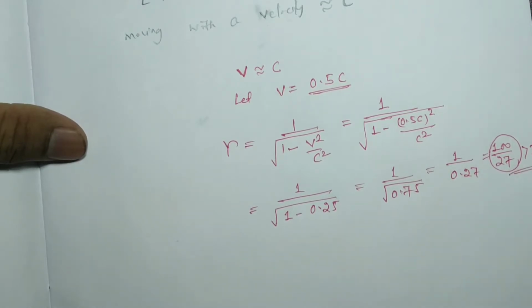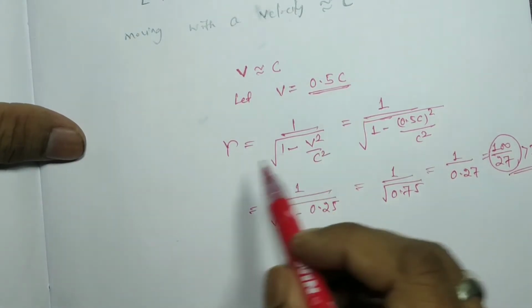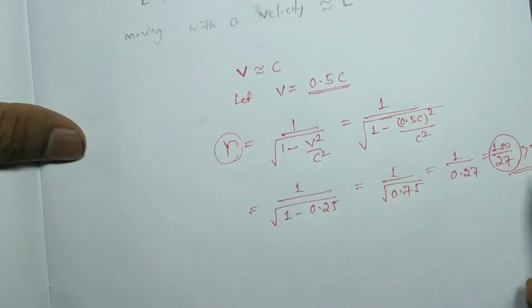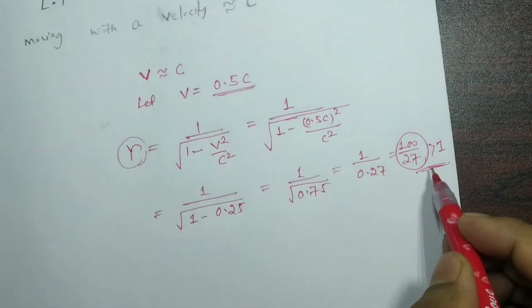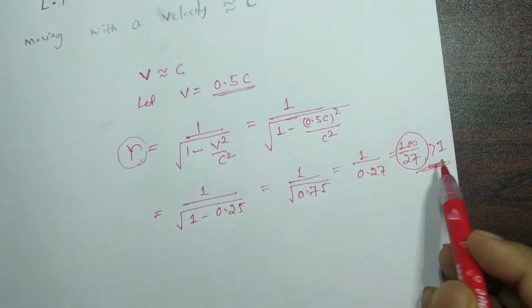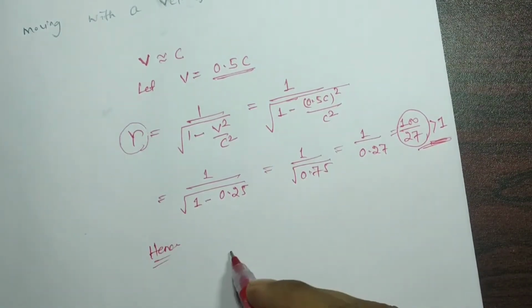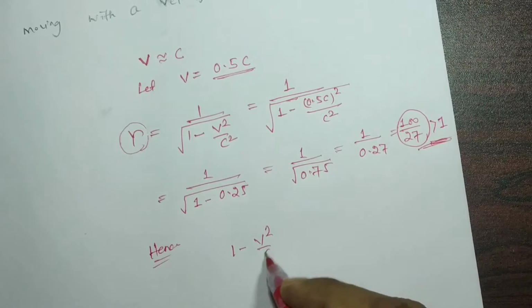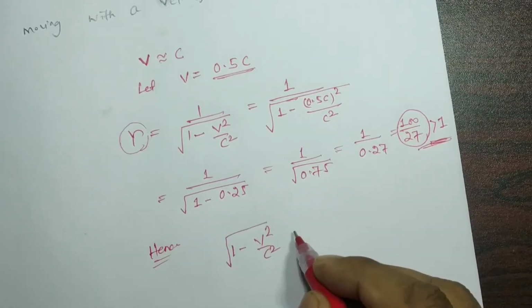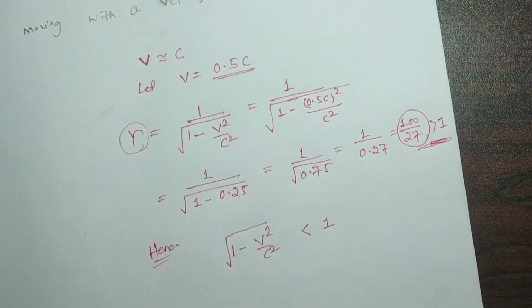So the gamma value is always greater than 1. Hence the square root of 1 minus v square by c square is always less than 1.